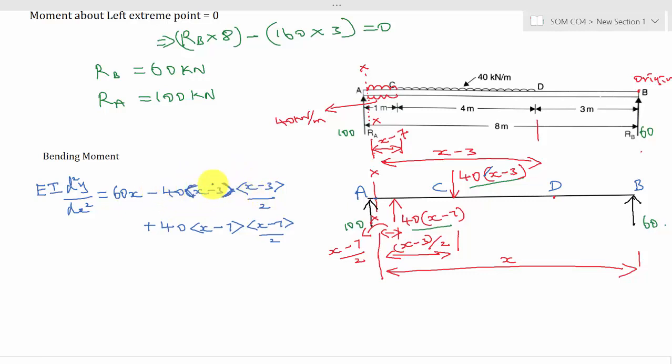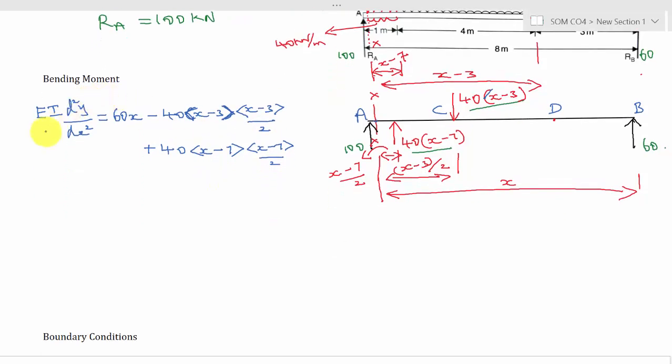Fine. So now I'm going to calculate the slope from this bending moment. That is EI dy divided by dx. Okay, so here if you want, you can multiply the (x minus 3).